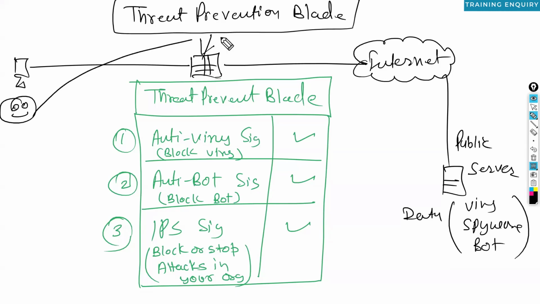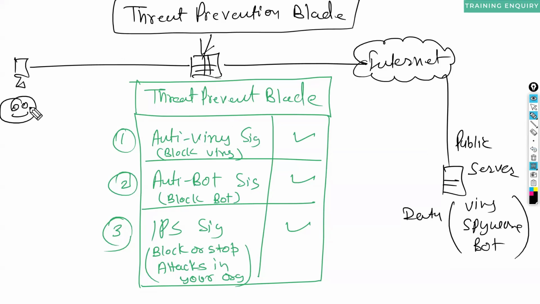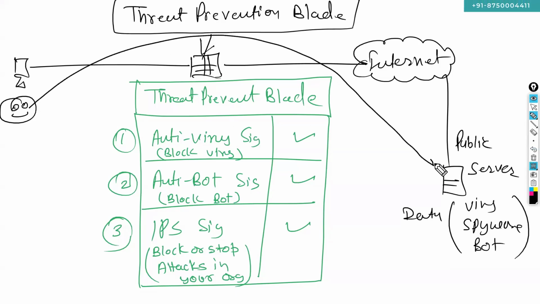Now, this is our user. The user is sending a request to a public server. We have data or a reply. When this data comes, it will be filtered through antivirus signatures, anti-bot signatures, as well as IPS signatures. Clear? So when any virus is there, that will be blocked by antivirus.